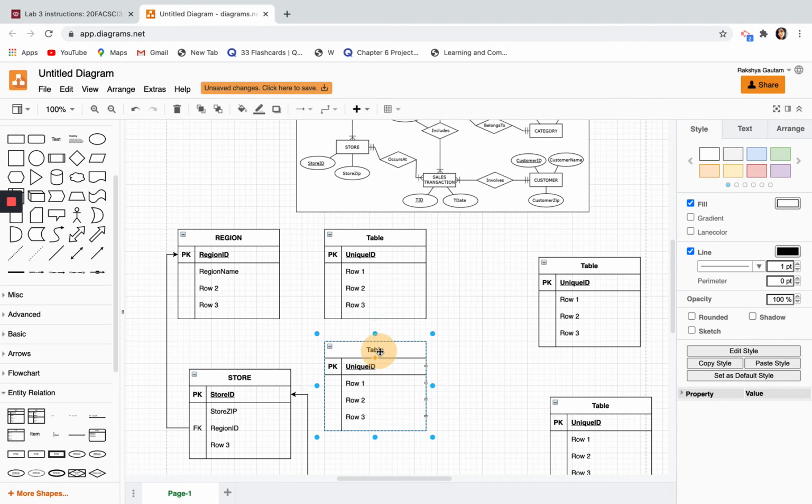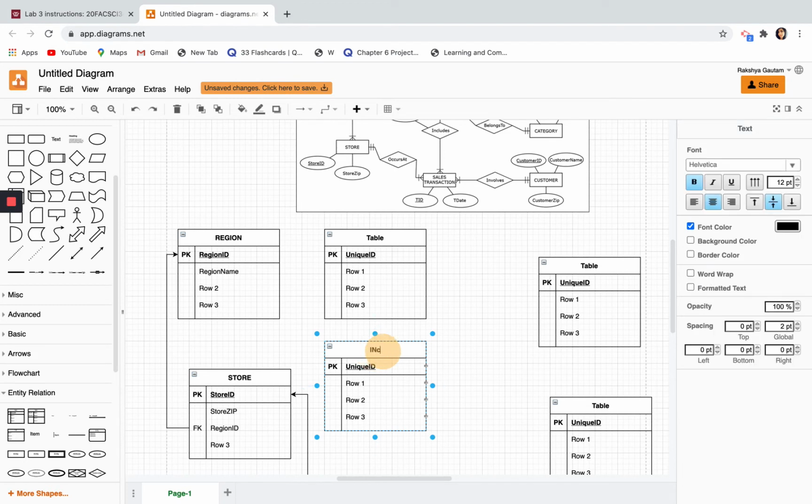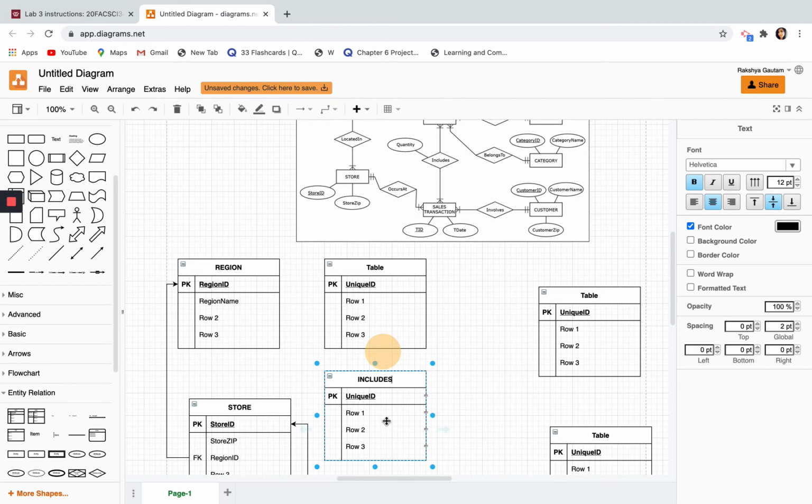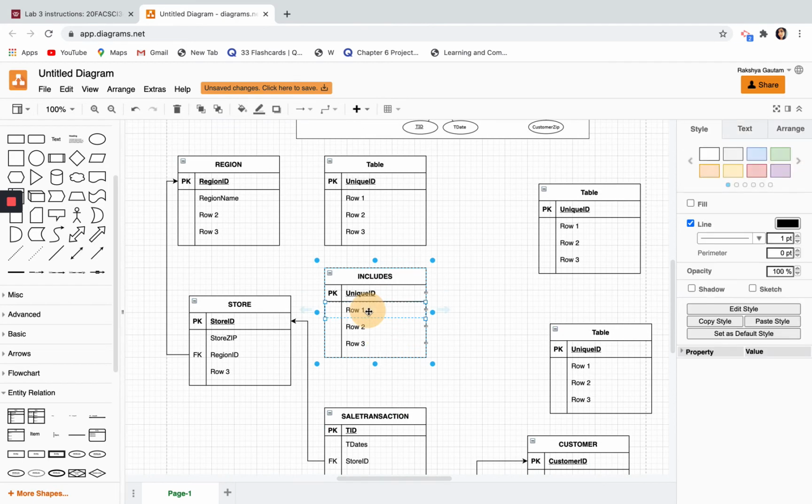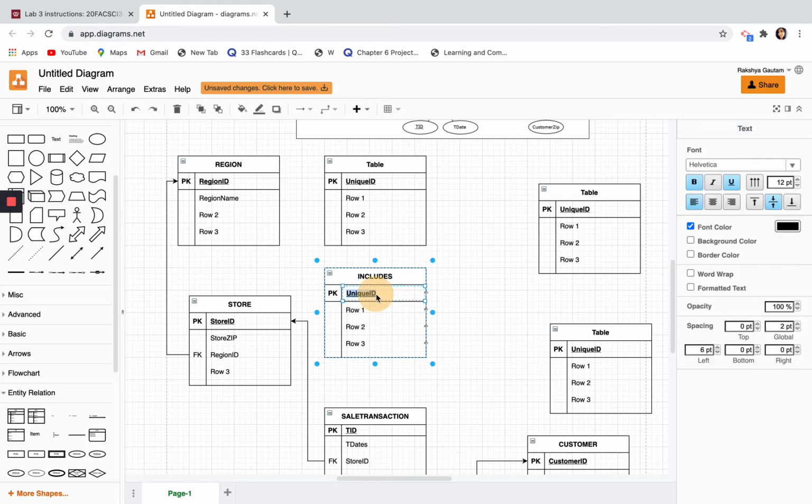So here is a table for includes. It does not have any unique ID or primary key.